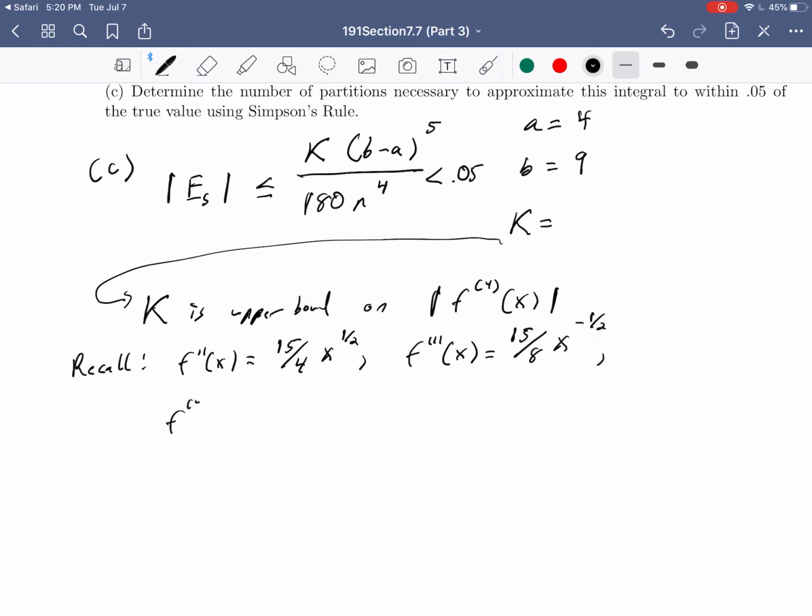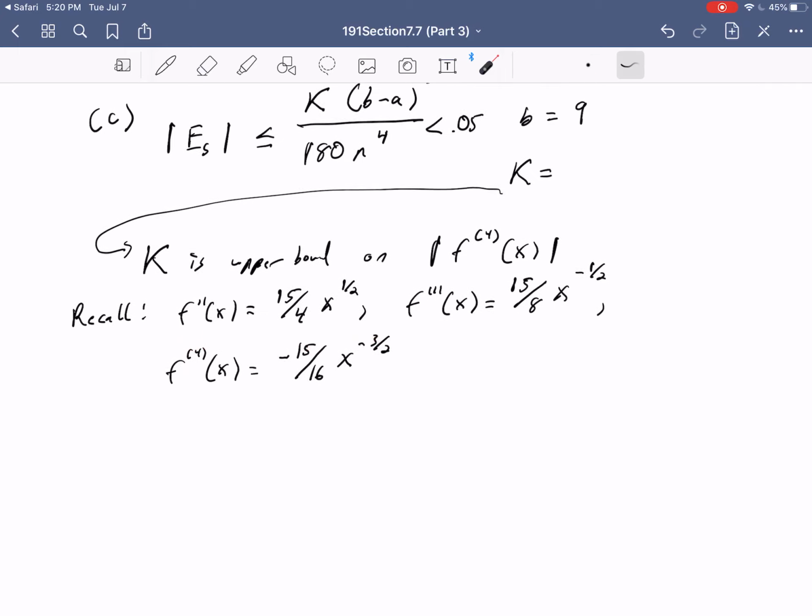And then we can get the fourth derivative. If you're worried about confusing the derivative with the power, you can put parentheses up there, and that signifies derivative. So then when we do this, you get negative 15 over 16 x to the negative 3/2. Now this is sort of interesting.